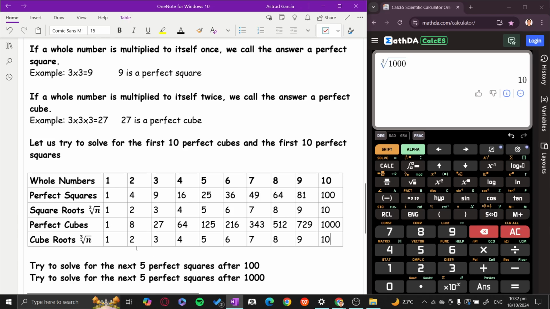Okay, now I want you to pause the video and try to solve for the next 5 perfect squares after 100, and try to solve for the next 5 perfect cubes after 1000.